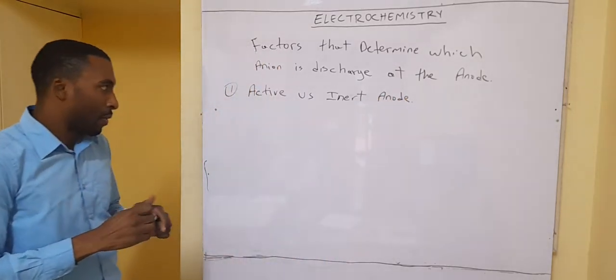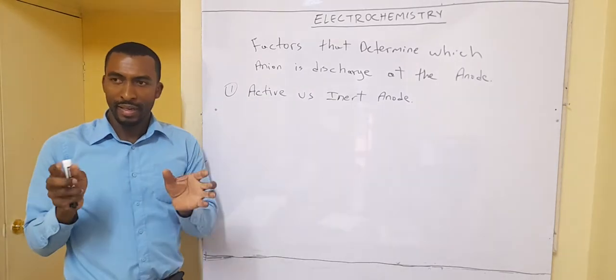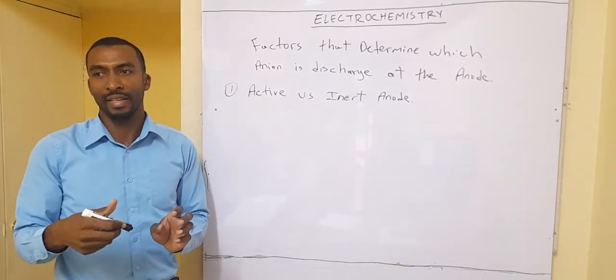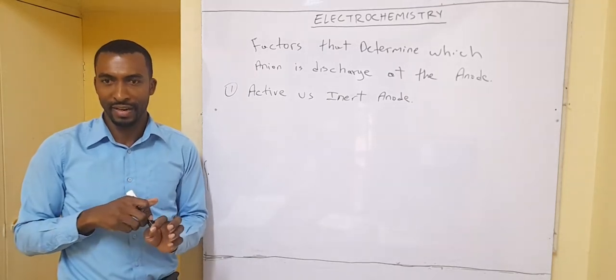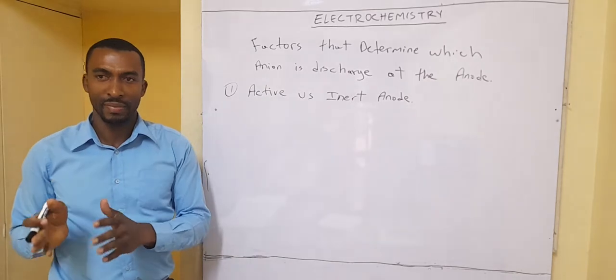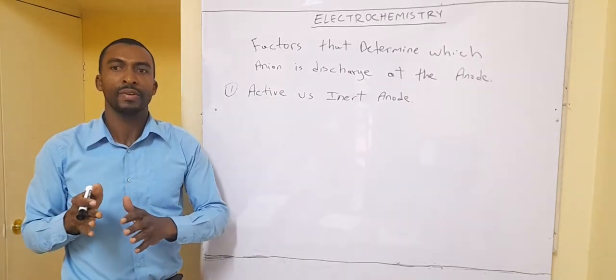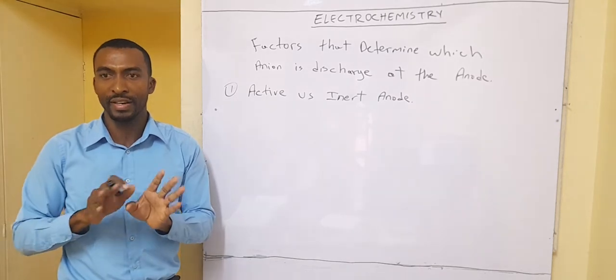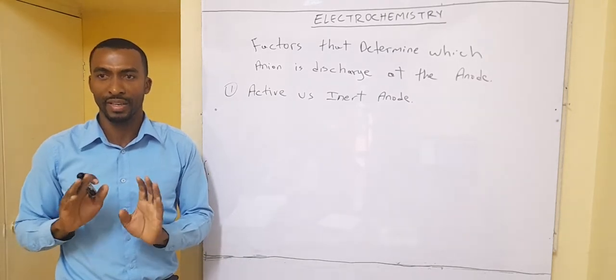Alright? Now, an active electrode or anode is one that can take part in the electrochemical reaction, right? While an inert or inactive electrode is like platinum or graphite, which don't normally take part in these reactions, right? So they are inert because they don't normally take part in this chemical reaction.